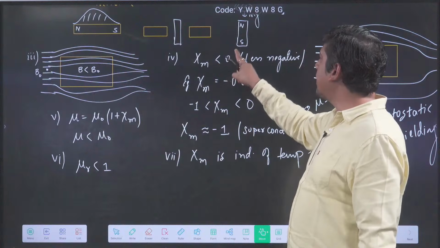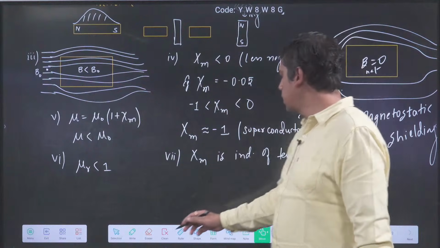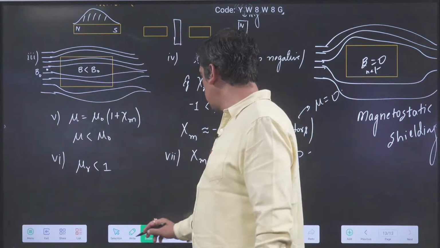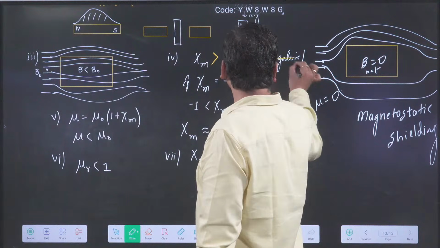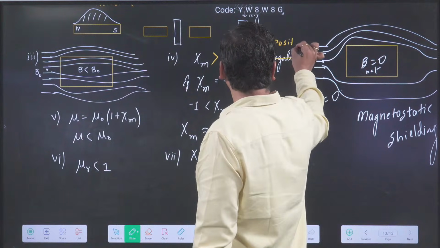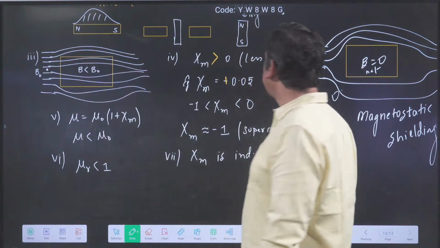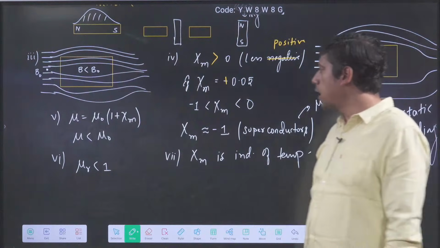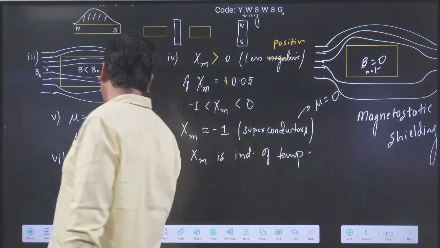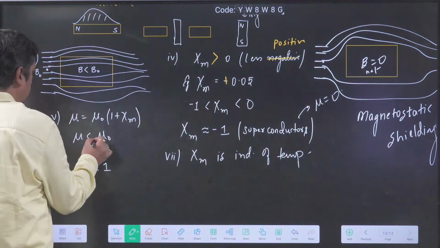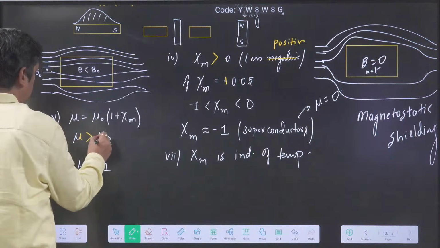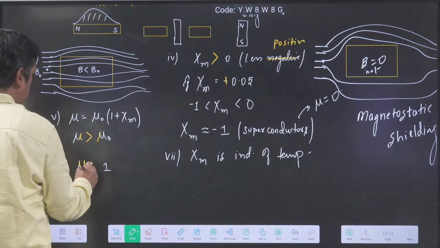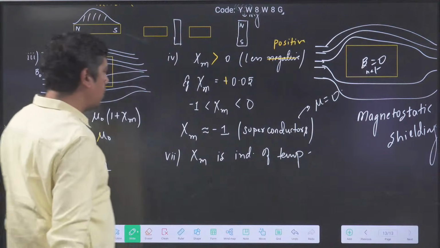Means susceptibility is positive, but it will be small, for example, plus 0.05. Here mu r will be more than 1.